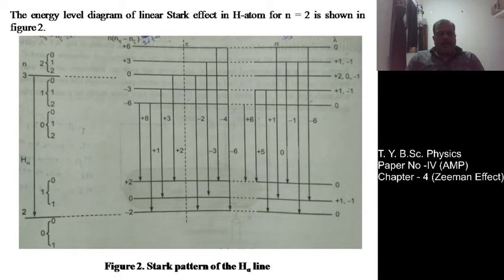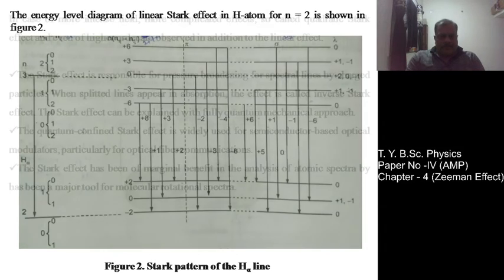This is the diagram of the Stark effect, H alpha line. The left hand side shows the natural numbers, the principal quantum numbers 2, 3 and so on. Then the two lines' difference will be shown in this line, the H alpha line.